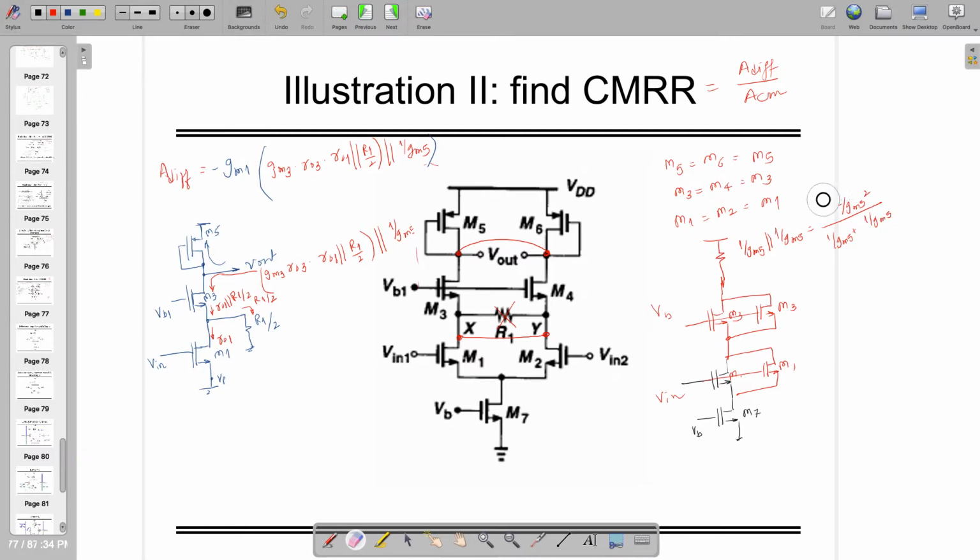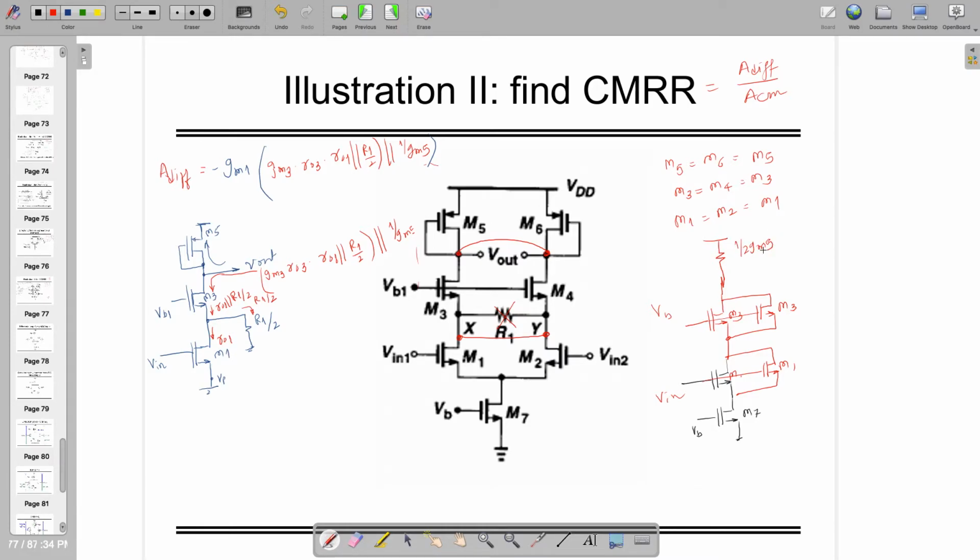It has to be 2 by GM5 square, and this is going to give you 1 by 2 GM5, right? So as I wrote earlier, it's 1 by 2 GM5, which is a very simple one.